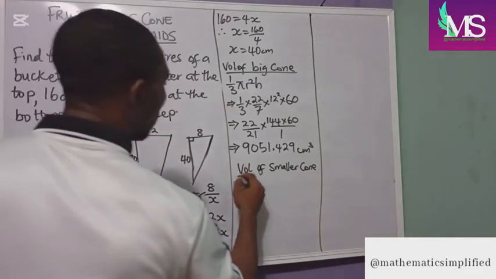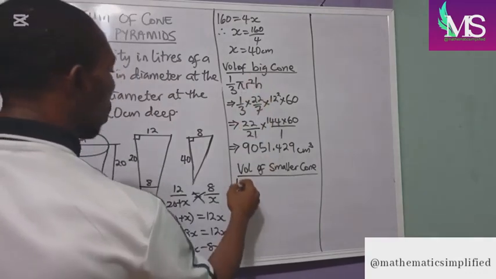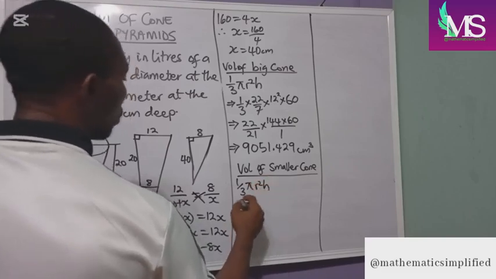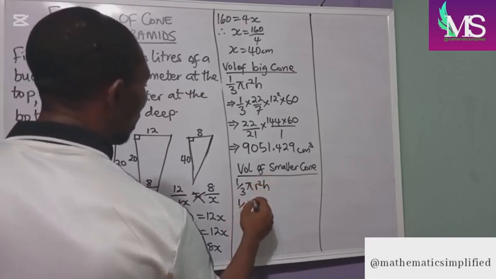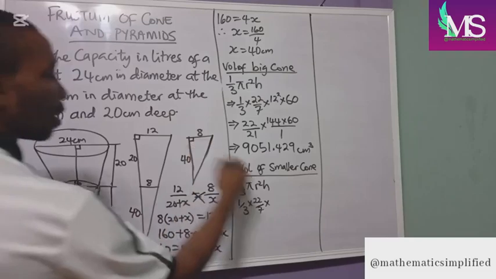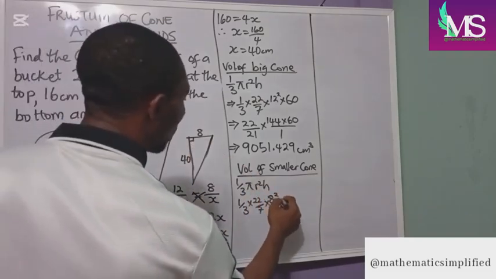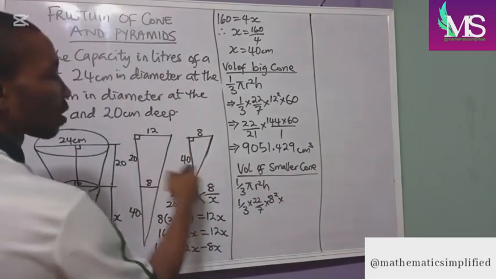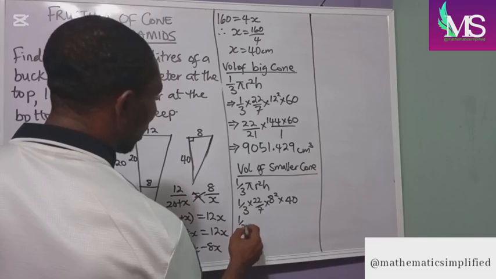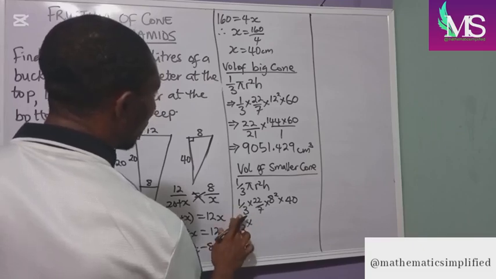So we want to calculate volume of smaller cone still using the same formula 1/3 pi r squared h. Now this will give us 1/3 times 22/7 times our r now becomes 8 squared times h, which is 40.